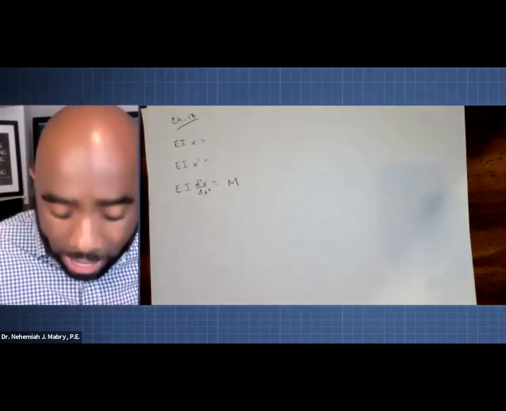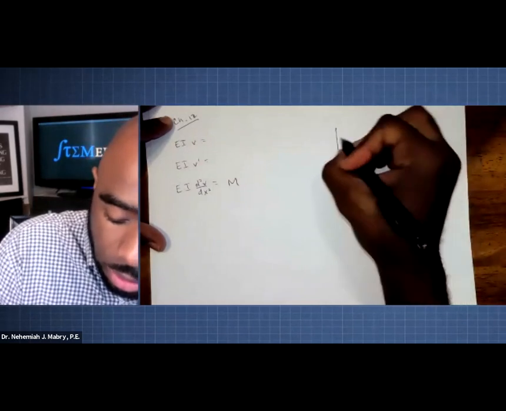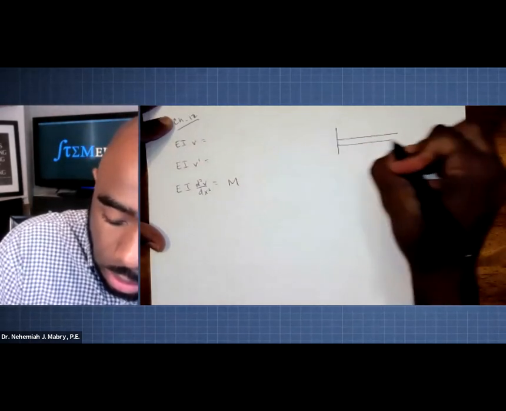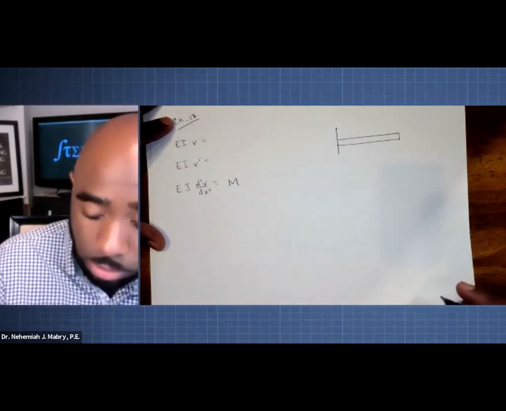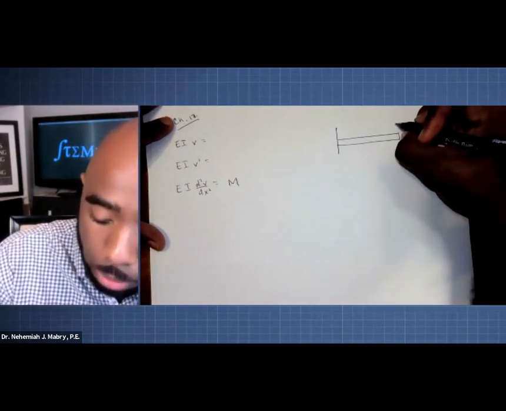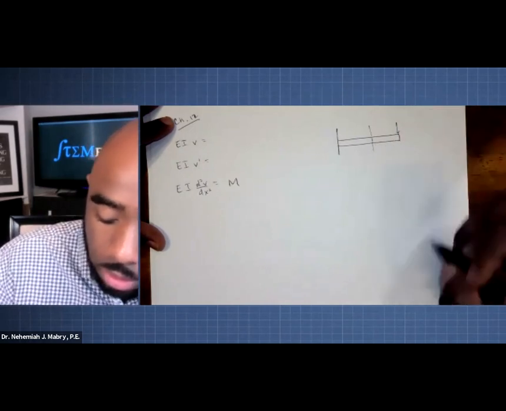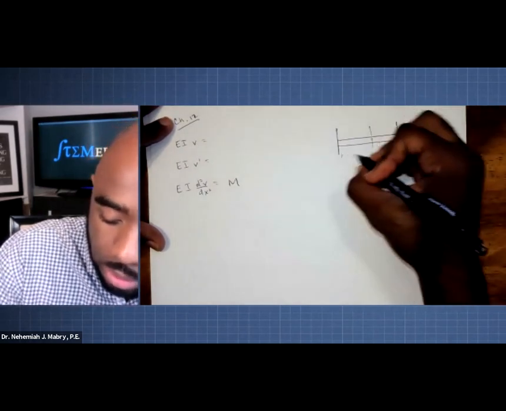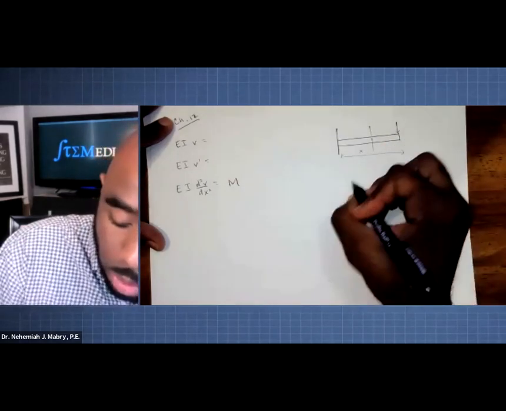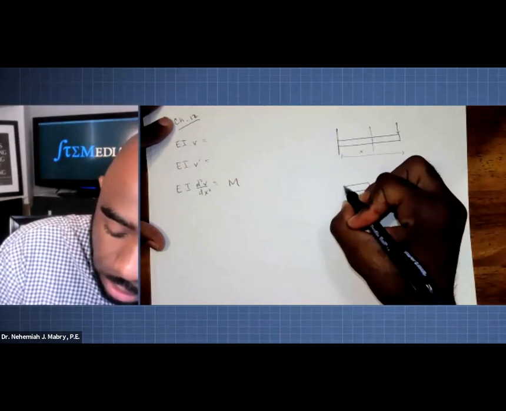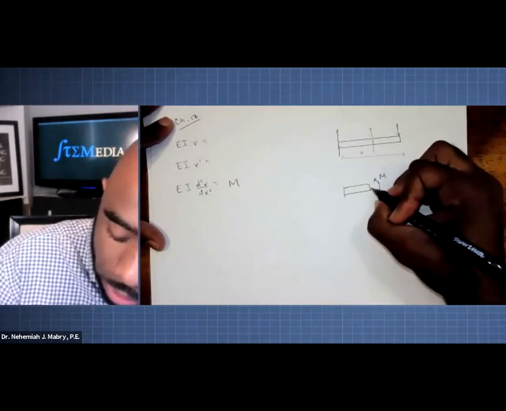The way we get that is whatever we're starting out with. Let's just say a cantilever beam. Maybe there's a force there. We want to cut it in the x direction, and we're going to solve for the moment right here.